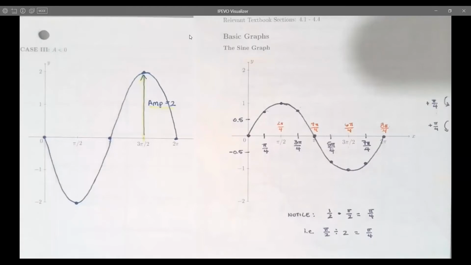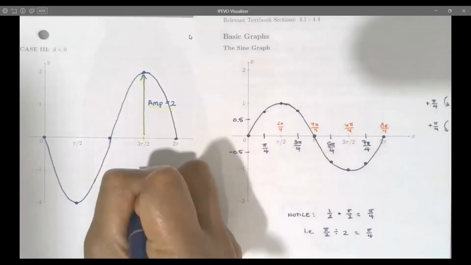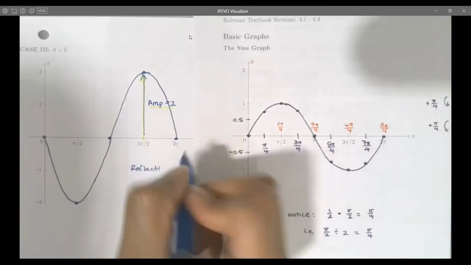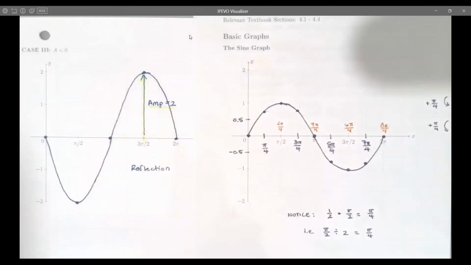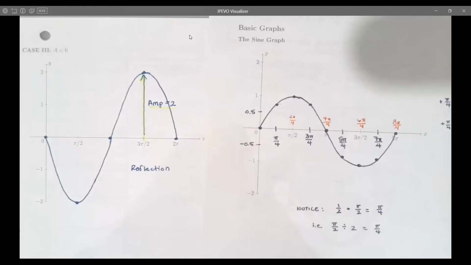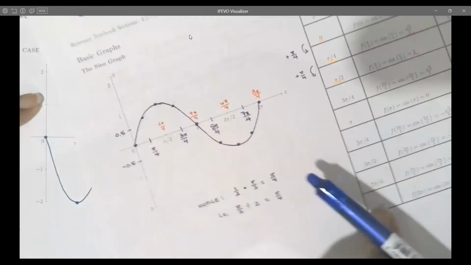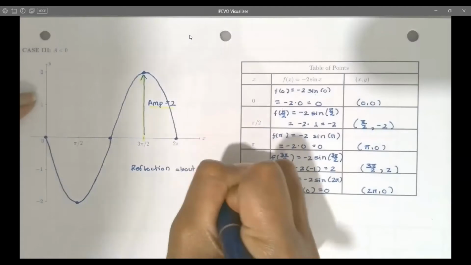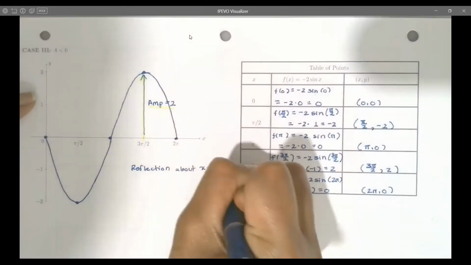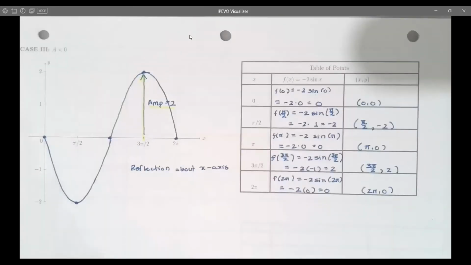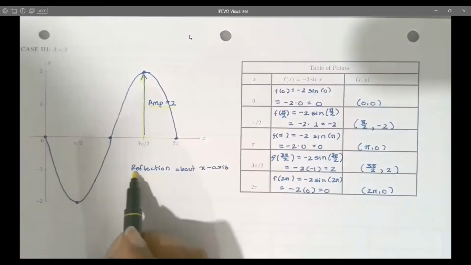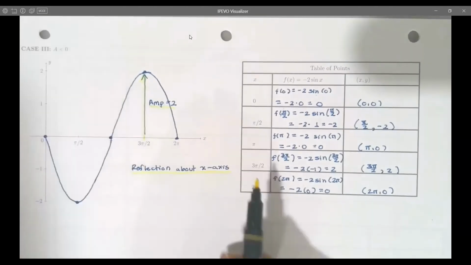The way that the textbook describes it, and most other textbooks also describe it, is that there is a reflection about the x-axis. And so two things happen because of that negative 2. The amplitude changes, and then it reflects about the x-axis.